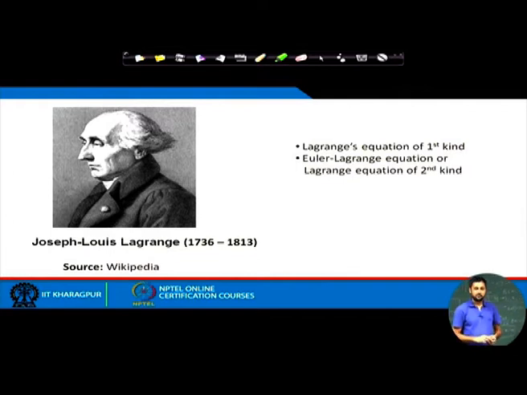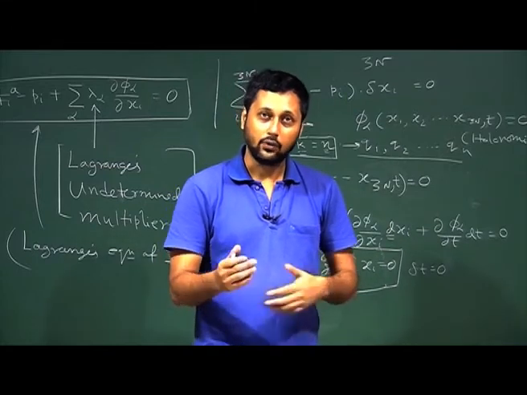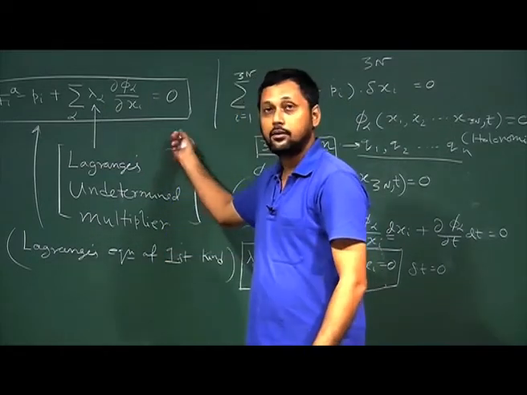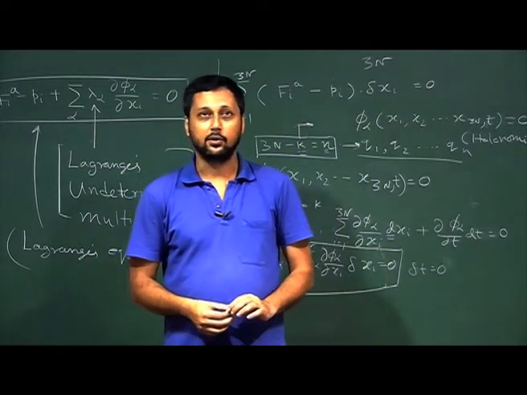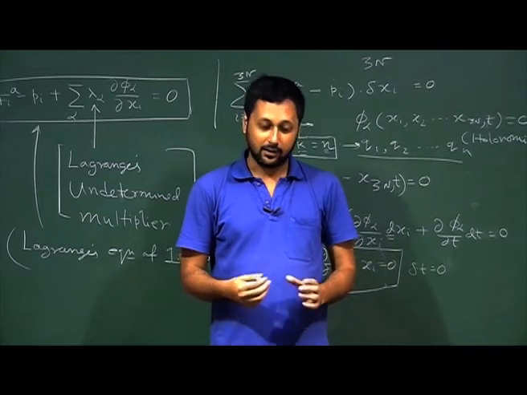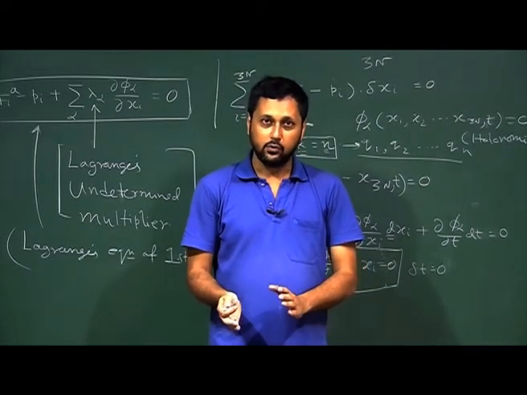Euler immediately saw the potential in this, appreciated his work, and started building on this platform. Essentially what we got is the Euler equation of second kind, or Lagrange equation of second kind, or the Euler-Lagrange equation. That we will do in a moment.